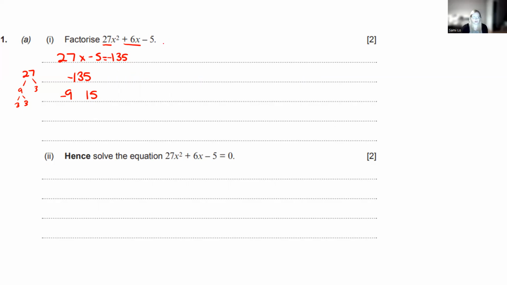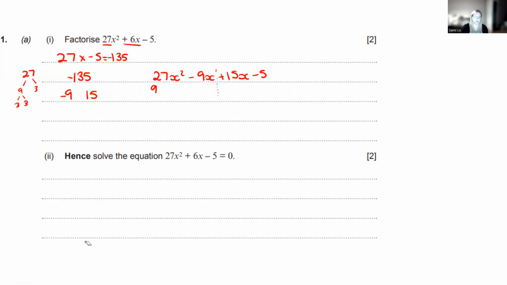We then write the long version out, so 27x squared minus 9x plus 15x, and then minus 5. And I tend to draw a little dotted line down the middle so I know I'm factorising each side separately. They've both got 9 in common here, and the x, can't forget about that.